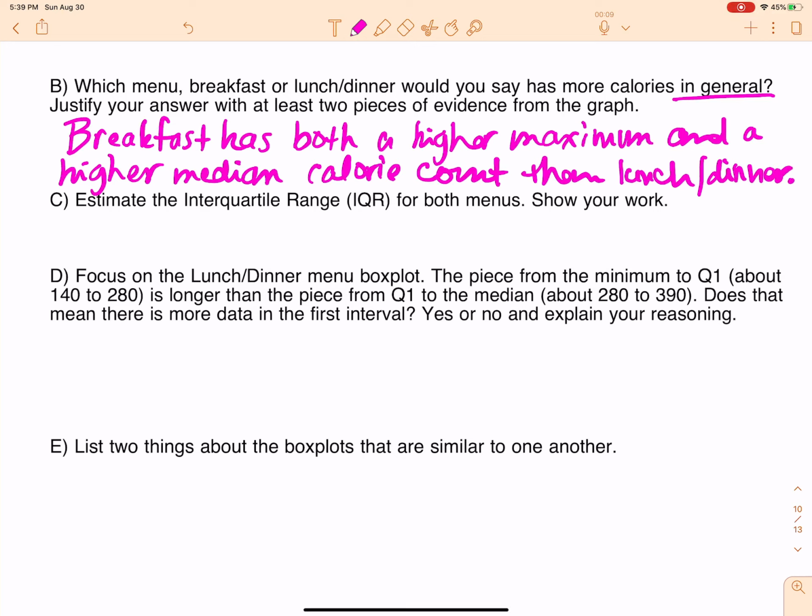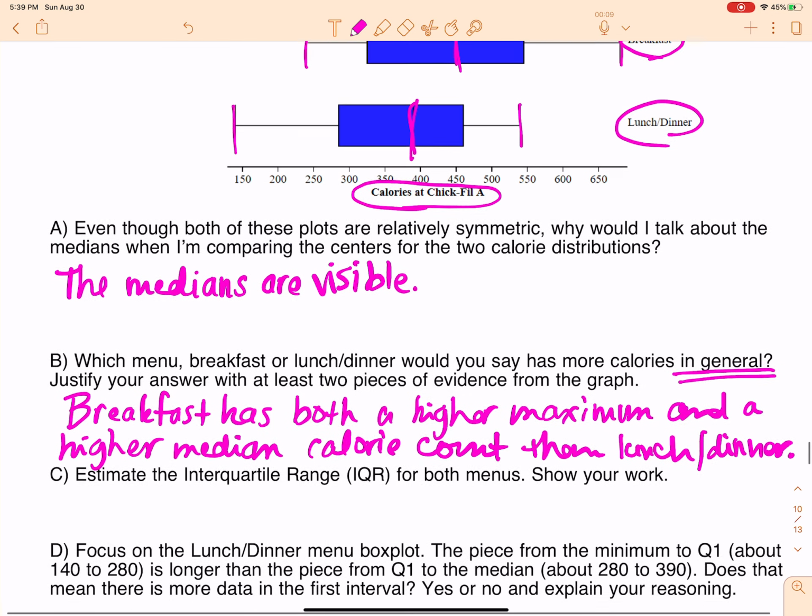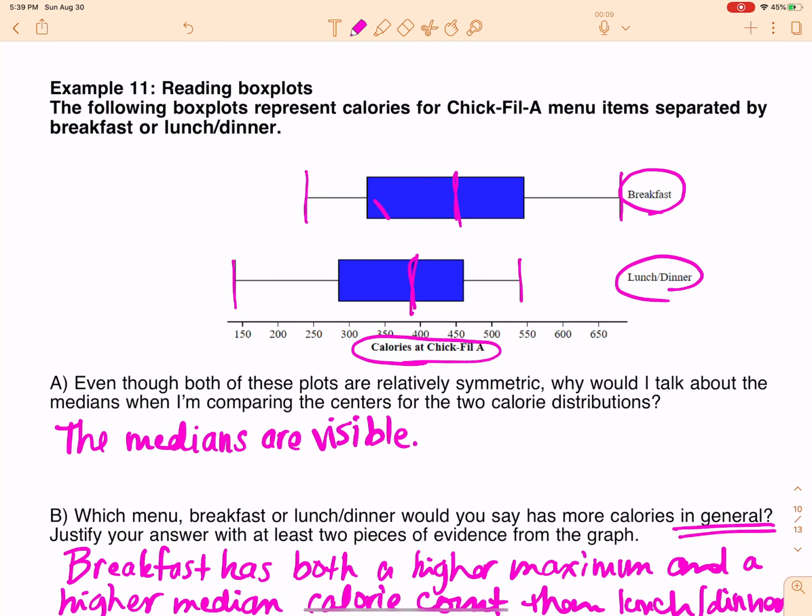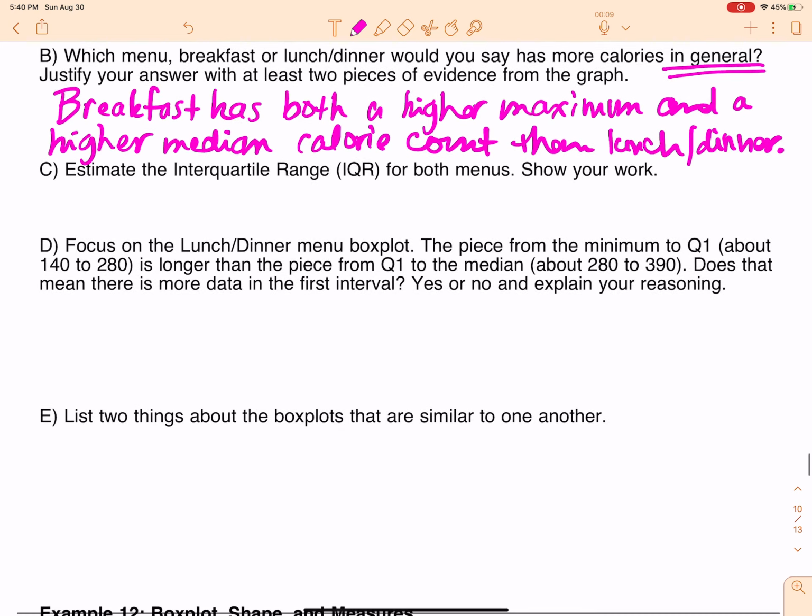And remember this is in general, because somebody could order something off the breakfast menu with that many calories, and later order something higher from lunch and dinner. Yes, but in general, based on the graphs, that's how we're answering the question.